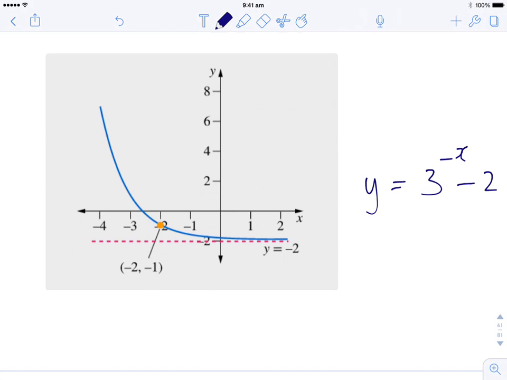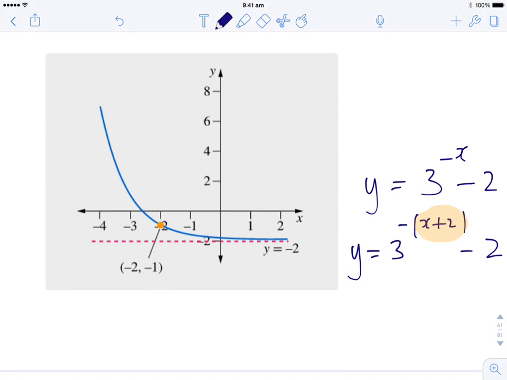So again, this is a shift, and instead of going through 0, 1, we're going back to the left 2. So I'm guessing we could write it something like this: -x plus 2, minus 2. By writing it like this, I can clearly see that the x value of -2 makes that thing 0, so we've gone 2 to the left.